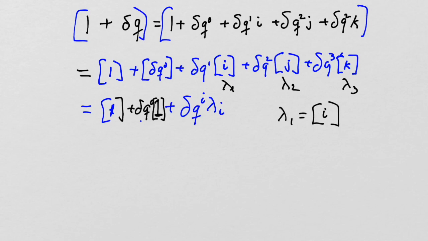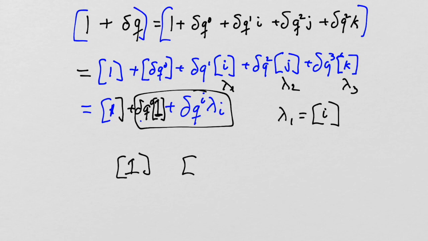Because of this, I can now identify all of this with a very small member of the Lie algebra, and thereby break down the basis vectors of the Lie algebra, which will be the matrix 1, the matrix lambda 1, the matrix lambda 2, and the matrix lambda 3.